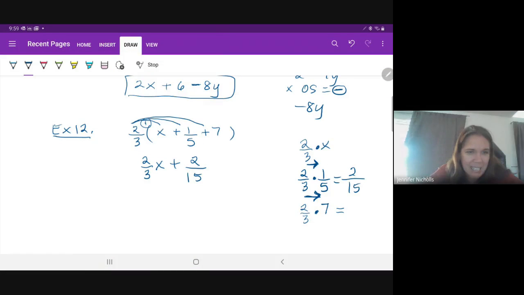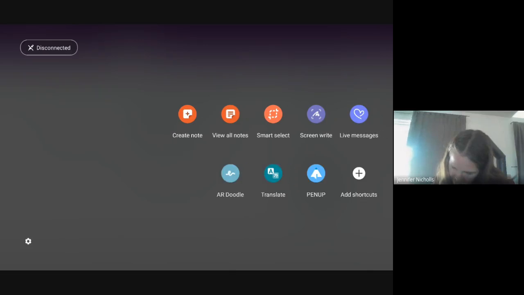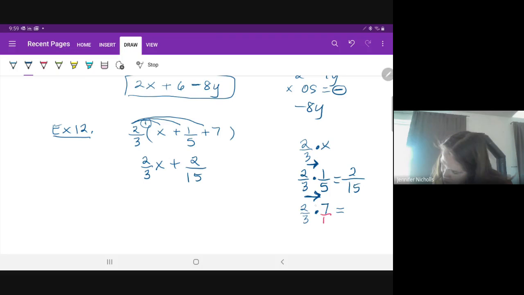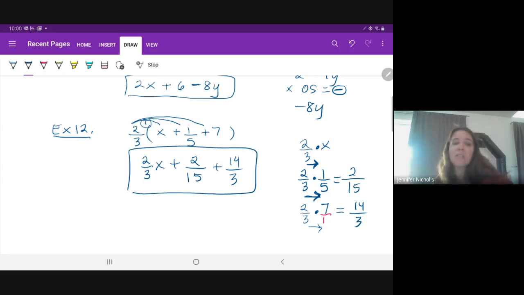Yes, 7/1. So you put a 1 underneath, and then you multiply straight across: 14/3 plus 14/3. And then we're just going to stop there. We're not going to add the common denominators in this one. I just wanted you to distribute, and that's it. Most of the homework is not like that, but it's just a little review at the end.